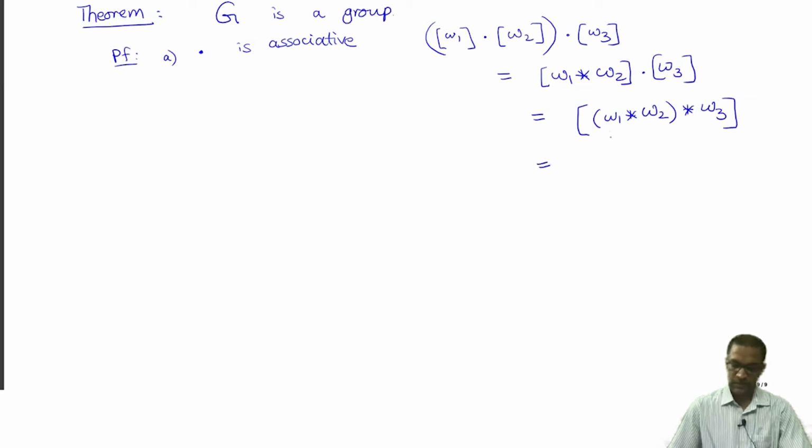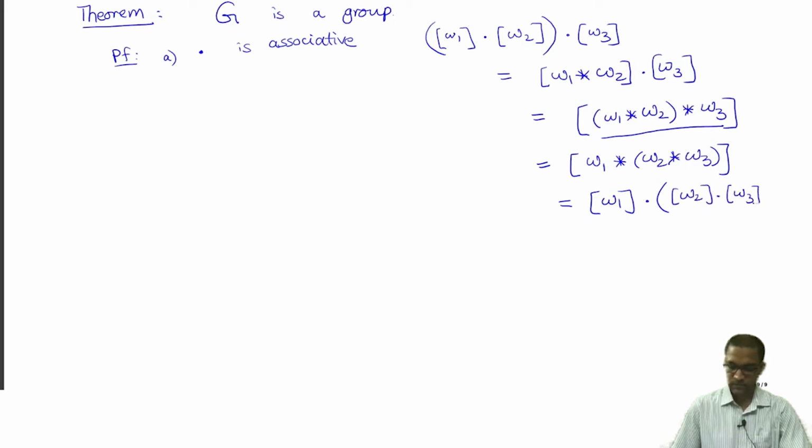But observe that what's inside the representative of the class is just the concatenation of these three words, W1, W2 and W3, and the concatenation operation is of course associative. So I can replace this triple with W1 star W2 W3, and that by the definition of the multiplication in G will just become this product. That's exactly the verification of associativity.